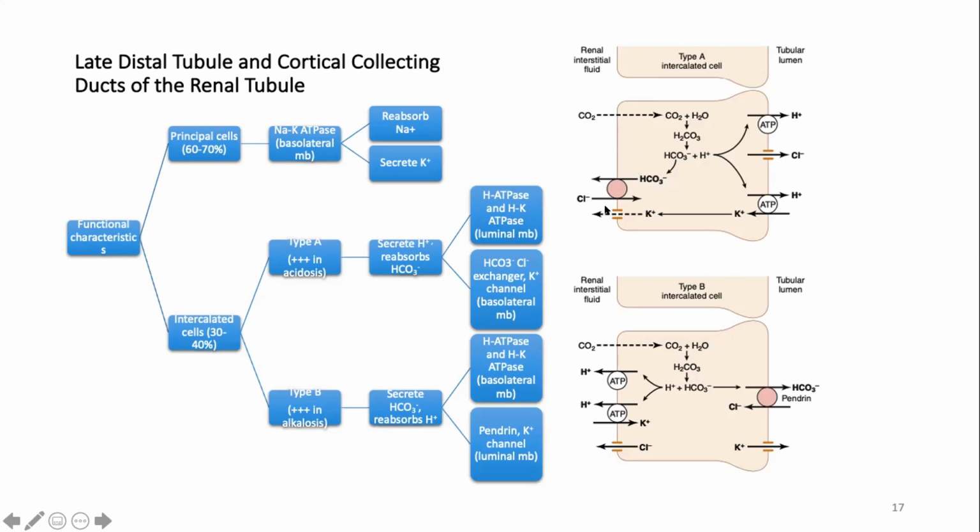But in alkalosis, this will switch places. Instead of staying on the apical side, the H ATPase and the hydrogen potassium ATPase stay on the basolateral side.